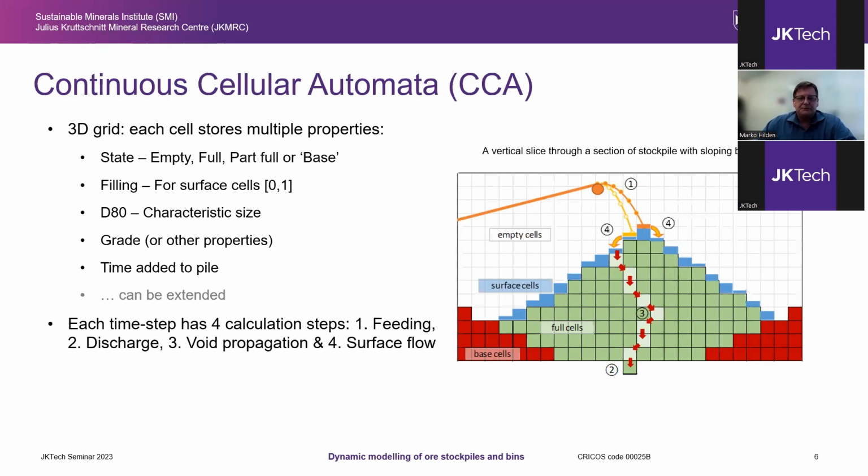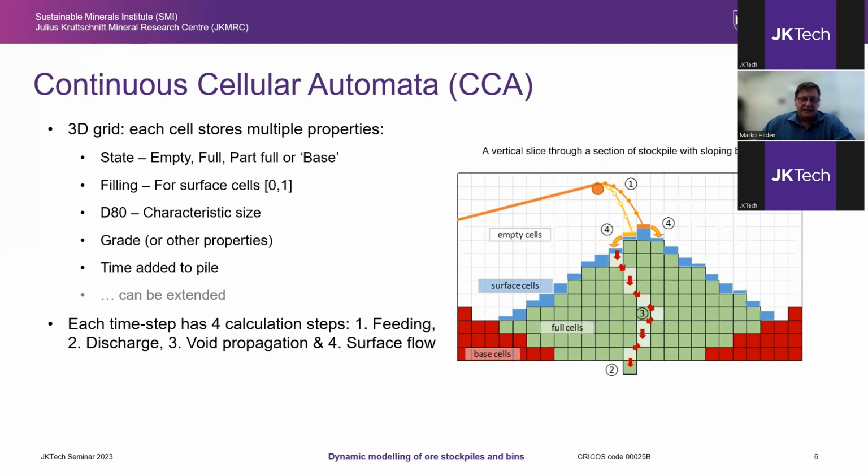So we use these, for example, to define a sloping bottom of the pile. For the remaining cells, the cell type can change during the simulation from being empty, such as the white cells at the top, to part full, which are the blue ones at the surface of the pile, and the full cells in green in the middle of the pile.